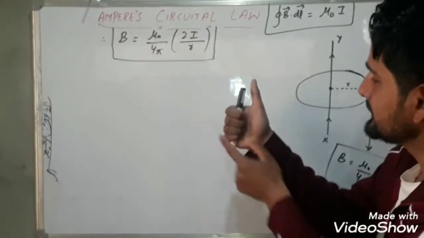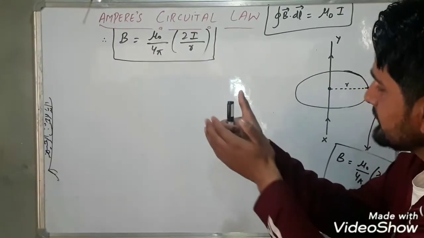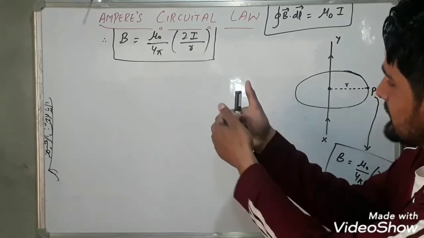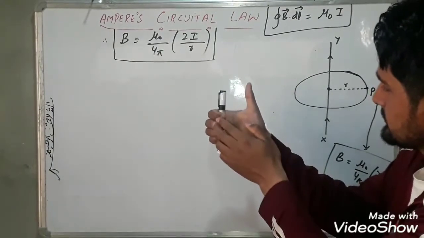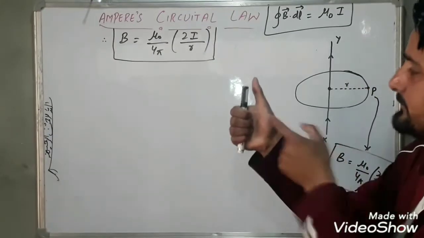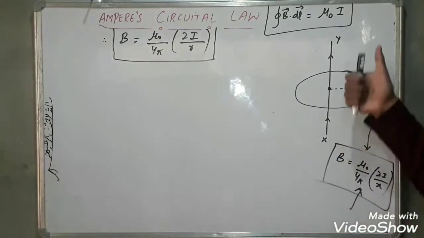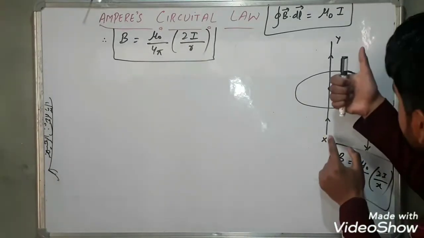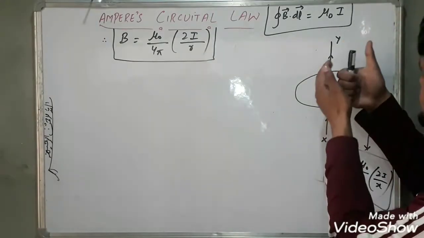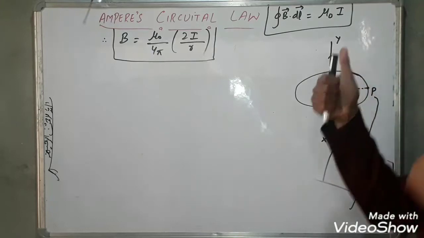It says that these fingers which are encircling and curved around this current carrying conductor give us the direction of the magnetic field. It is similar here. You have a straight current carrying conductor, the thumb is pointing in the direction of the current, and these curved fingers will give the direction of the magnetic field.